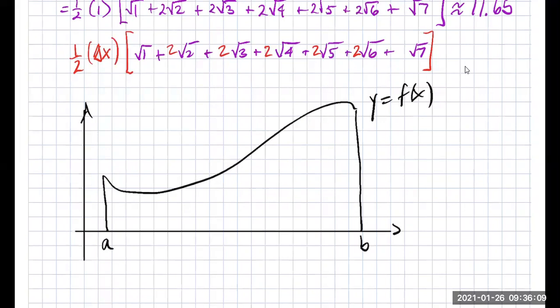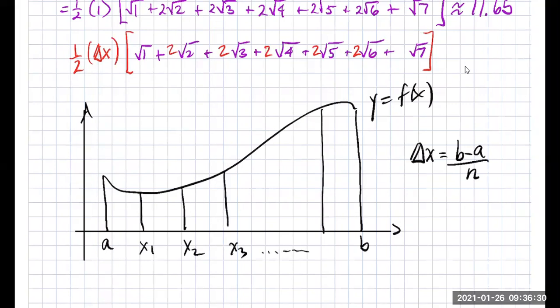We want to break that up into n trapezoids whose heights are given by this formula. All right, and we'll say x of 0, just to be consistent with notation, is a, and b is x of n. We would draw our trapezoids.